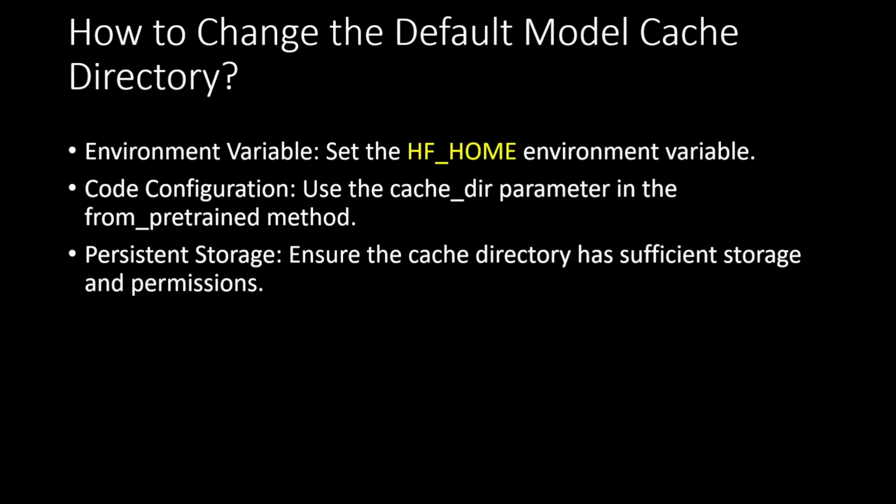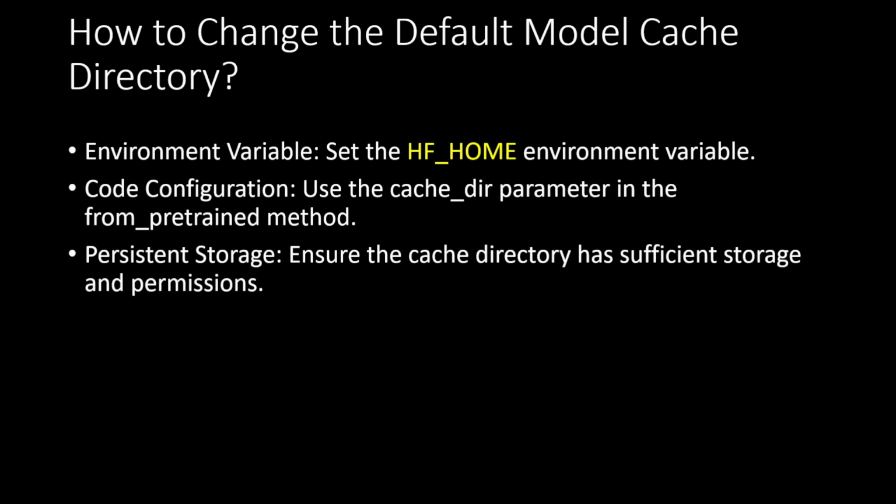By nature, Hugging Face models are quite heavy. They start from a few gigs to some tens of gigs. So by default, what happens? All of your models are cached into your local system. It goes into the user profile. So it's better to have alternative storage. There are multiple ways to do this.